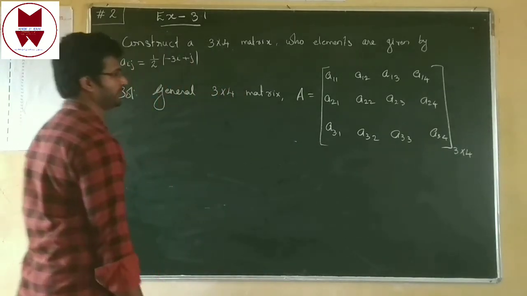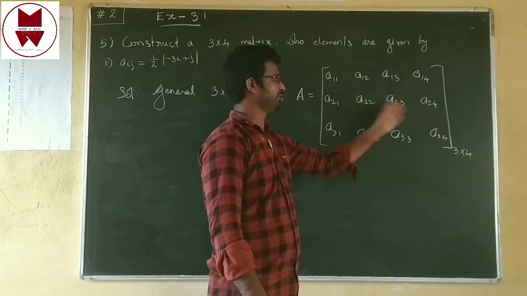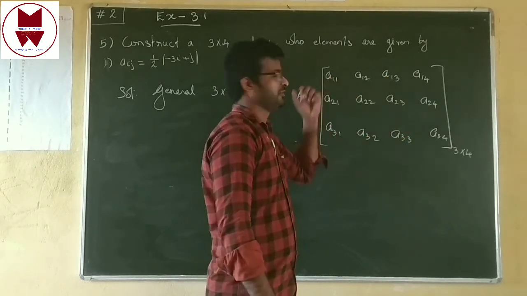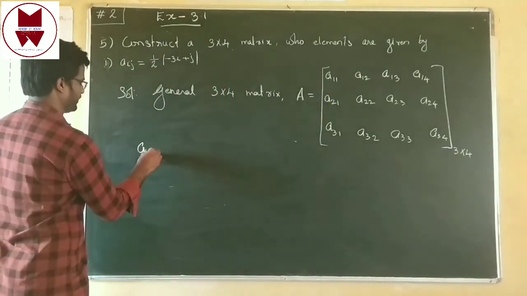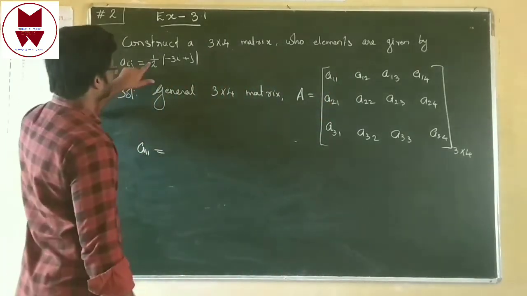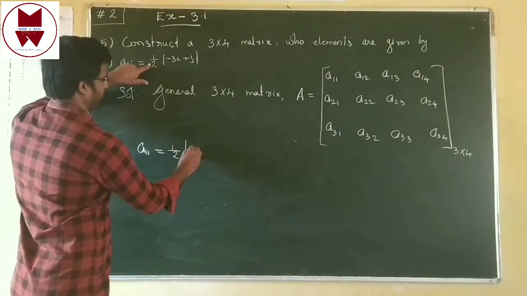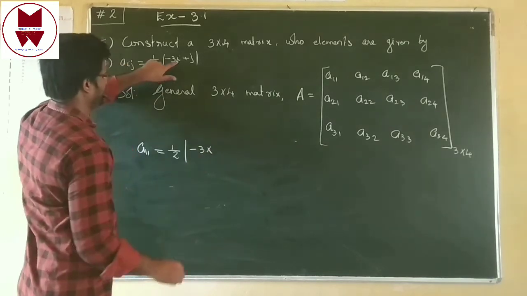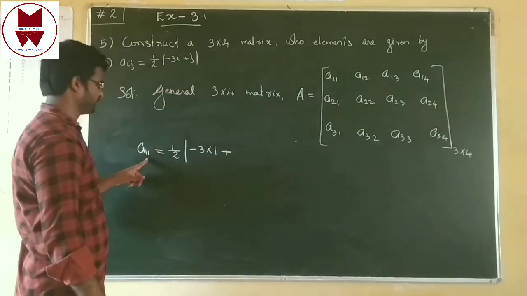Then from here, total 12 elements are there, 1, 2, 3, 4, 5 like that. 12 elements are there, one by one you have to find out. First A11 equal to, using this formula, 1 by 2 modulus of minus 3 into I plus j. Here I is 1, j also 1.